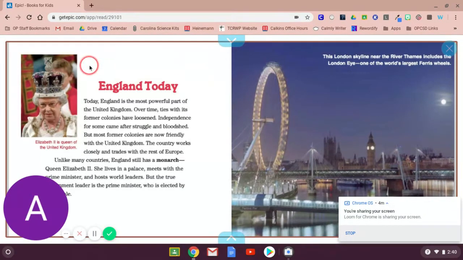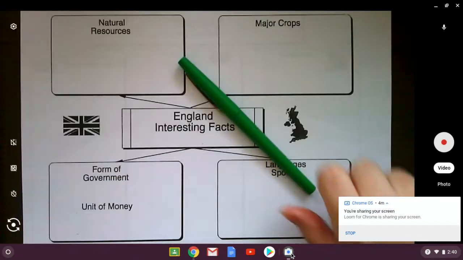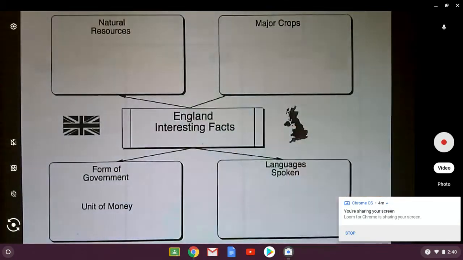And here's a picture to help us clarify, or to help us actually picture what the Queen looks like. It puts a picture to the information that we just read. So now I'm going to come back to my graphic organizer, and I'm going to find the spot that talks about the form of government, and I'm going to record that.